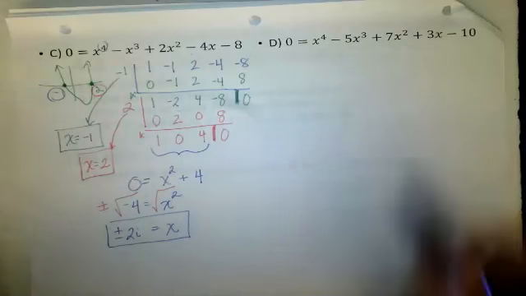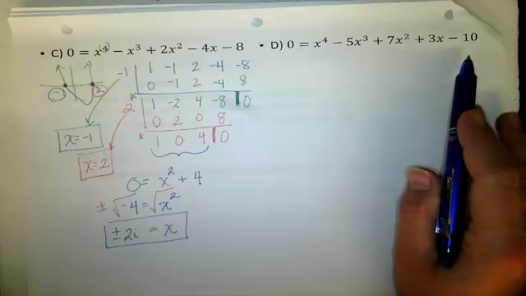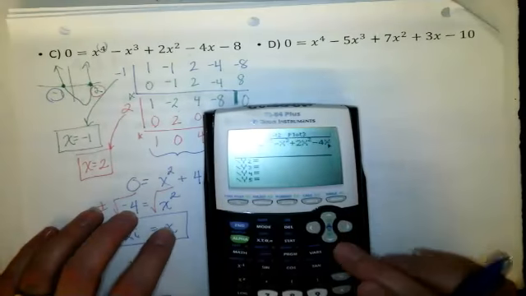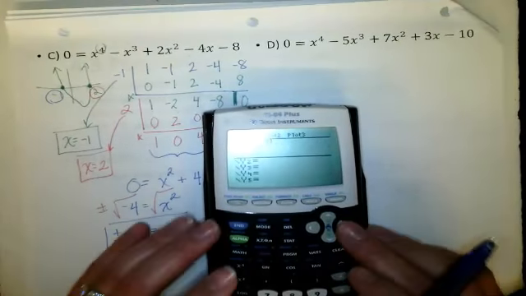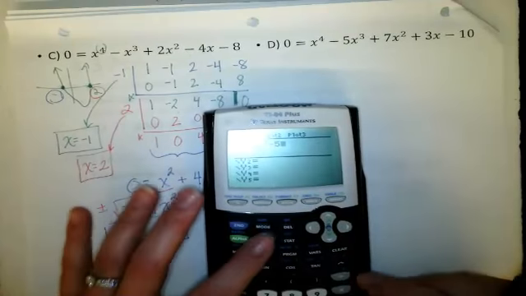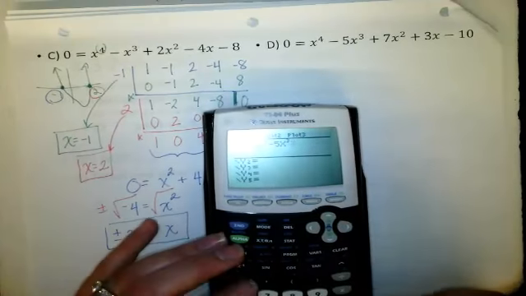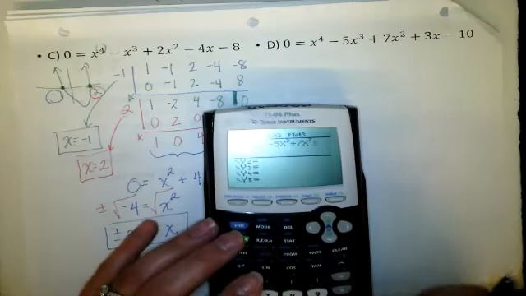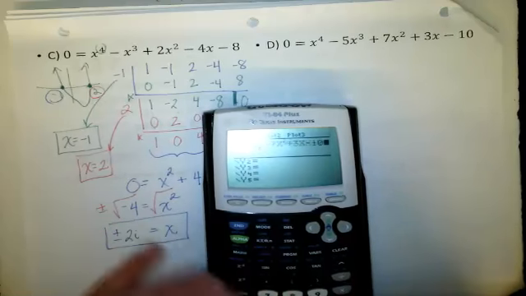All right. Can I do this by hand? No. So I have x to the 4th minus 5x cubed plus 7x squared plus 3x minus 10.